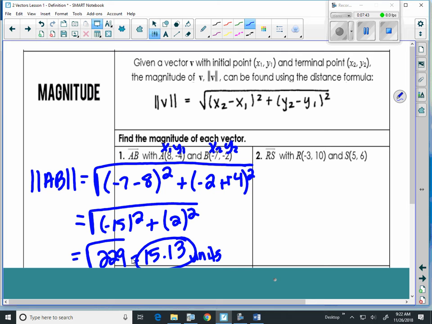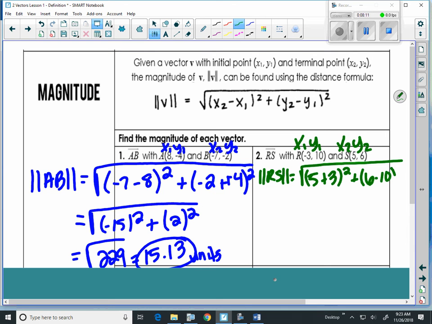Okay, let's do RS. Okay, if it helps you to label, go ahead and label. So we should get, for our x's, 5 plus 3, because it would be 5 minus the negative.